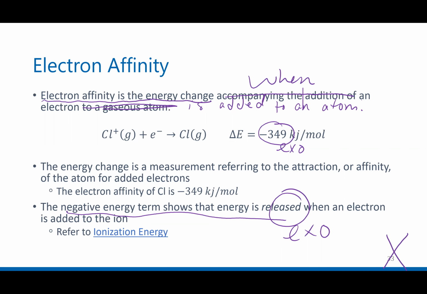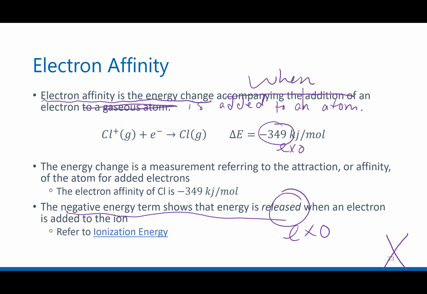But what I really want you to think about is, when you look at these energy changes, the numbers are representing the attraction, or how easy it is, I should say, to add an electron to the atom. The easier it is to add an electron, the bigger the chance that this thing would form an anion.